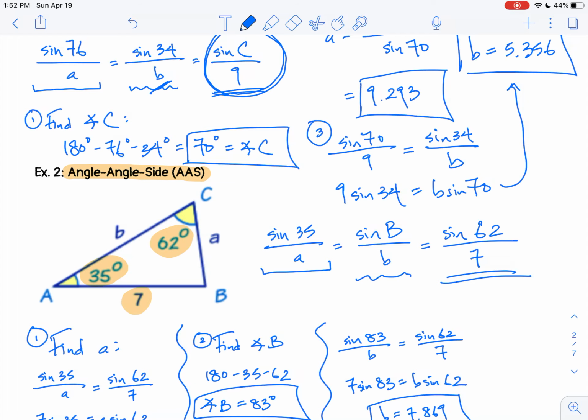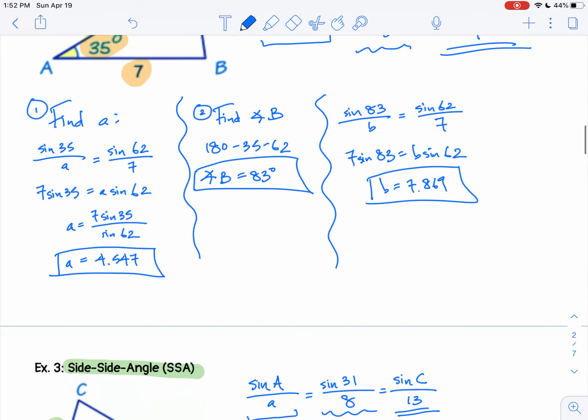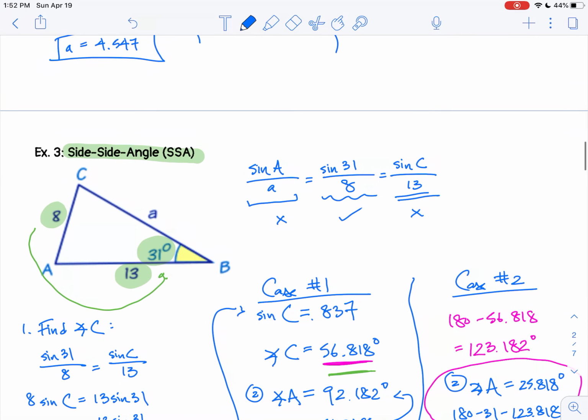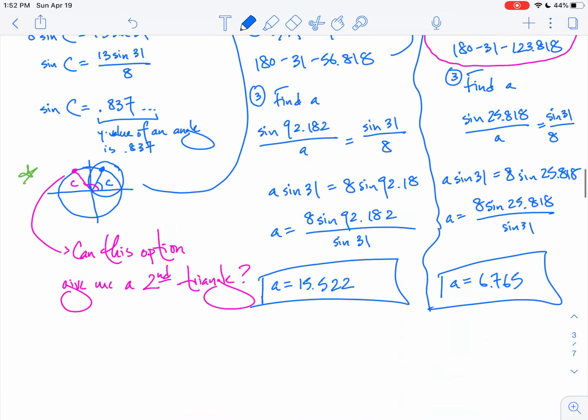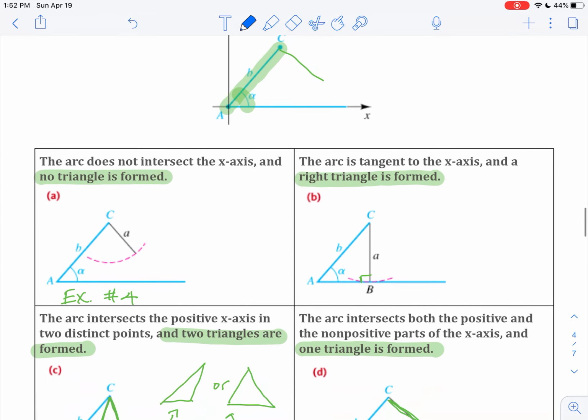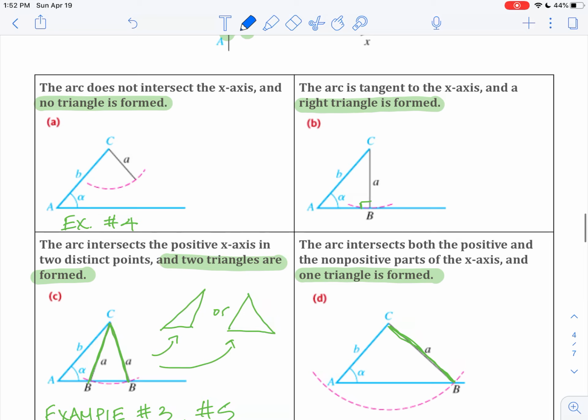That will also only give you one triangle. The ambiguous case, though, that is the pain in the SSA. Anytime you see side side angle, you possibly have two triangles, no triangles, or one triangle. So the ambiguous case is the only one where you need to consider how many triangles you are going to get.